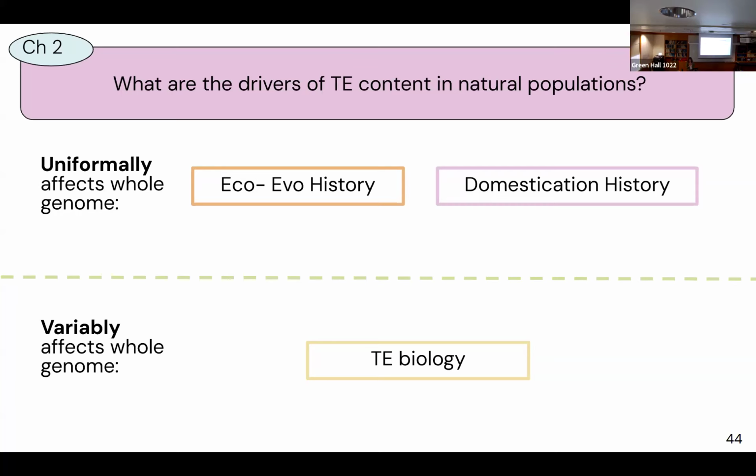Or if these factors do not drive TE content, does variation in the characteristics of the TEs in those genomes explain more of the variance in TE content between populations? All of these factors have the potential to drive patterns of TE content variation between populations, but require fine-scale geographic sampling and genome-wide TE abundance to quantitatively explore. To hear me talk more about this, you'll have to come to my exit seminar.